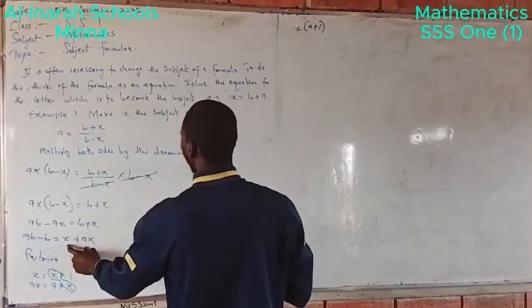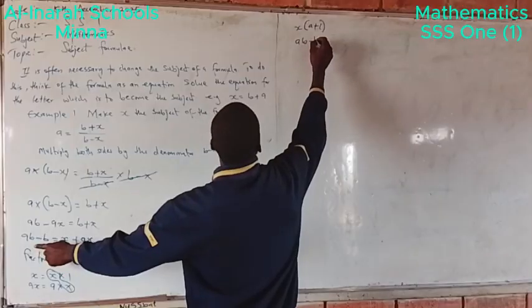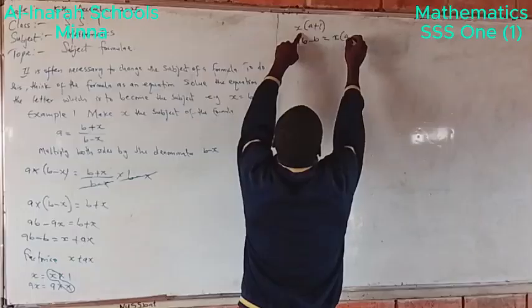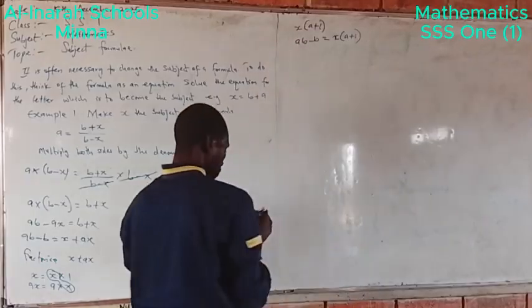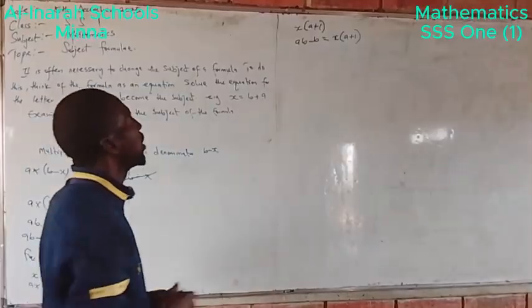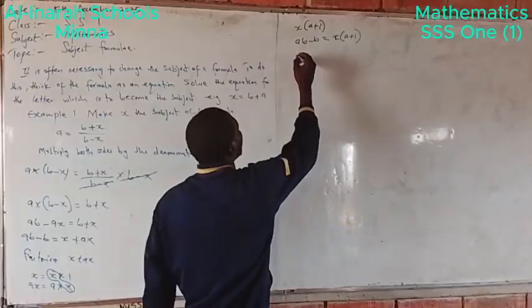Now, since you have factorized this, you have ab minus b is equal to x open bracket a plus 1. And we are asked to make x the subject of the formula. Now, we have to divide both sides by a plus 1.